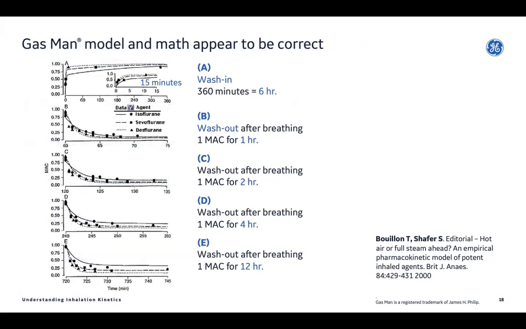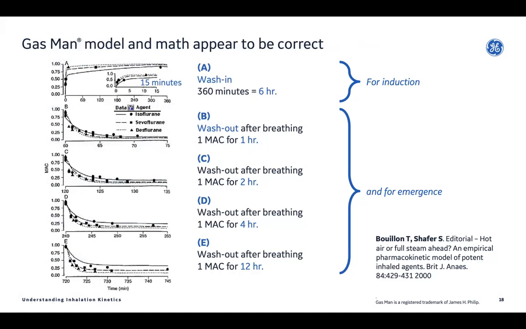The Gas Man model itself appears to be correct. That is, when we look at wash in during induction and wash out during emergence, what we see is the following. During the first 15 minutes of anesthesia, the end-tidal values fairly closely match that which Gas Man predicts. And if we go out for another 360 minutes or 6 hours, it's matching very well throughout that entire time.